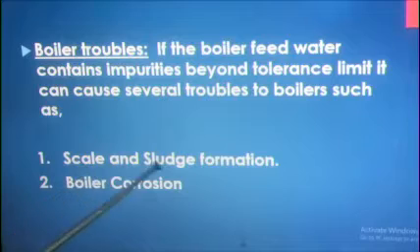That is scale and sludge formation as well as boiler corrosion. So these are the troubles caused to the boiler if the boiler feed water has a large amount of impurities in it. First we'll see scale and sludge formation.